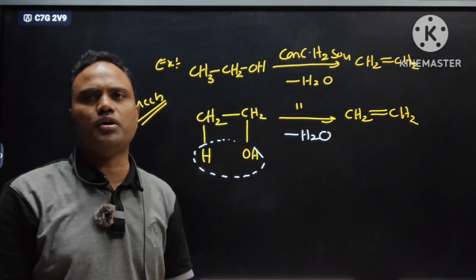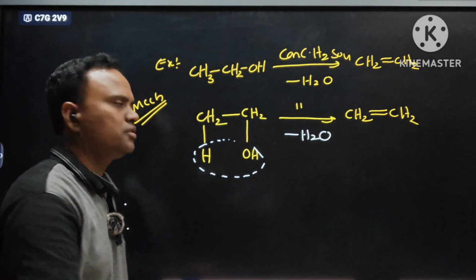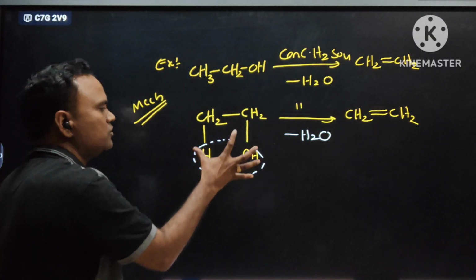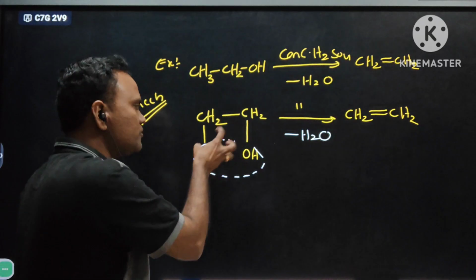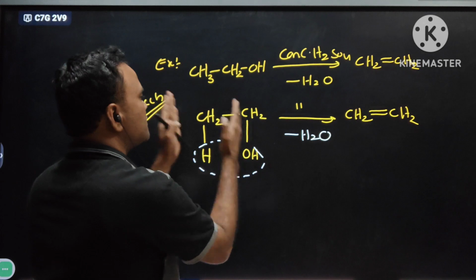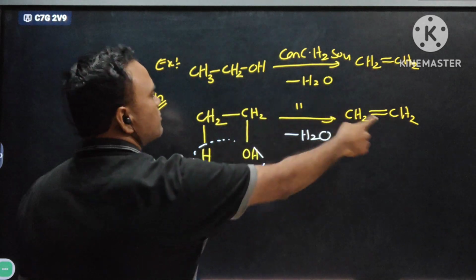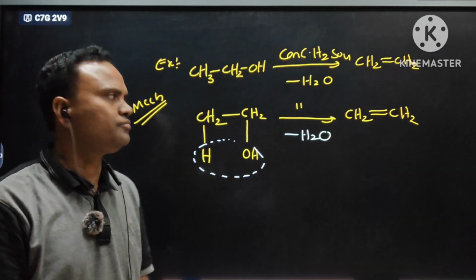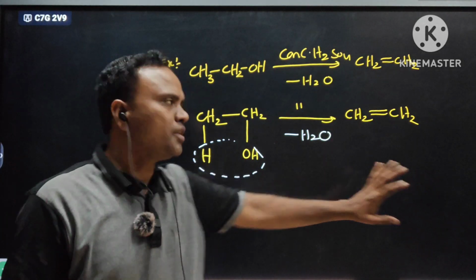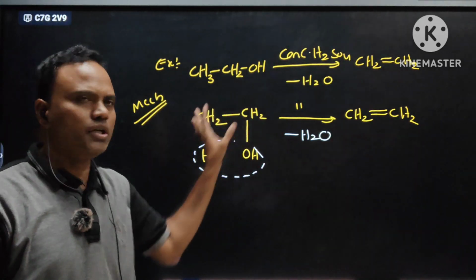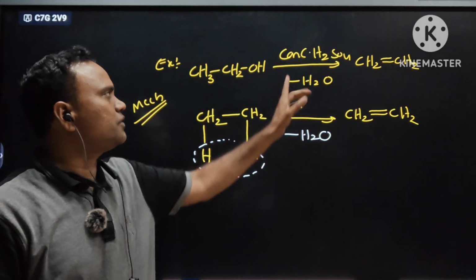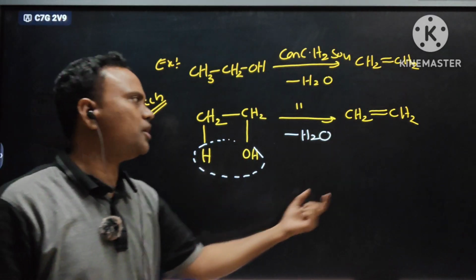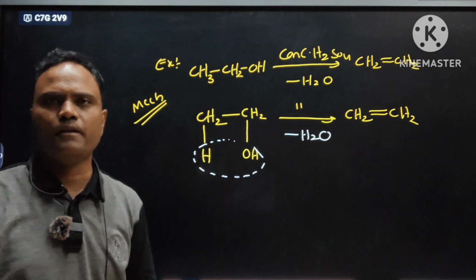So alkene is the product. When you remove two atoms or groups from the adjacent carbons, put an extra bond in the middle. Don't forget this shortcut mechanism. This is ethyl alcohol. When it is treated with sulfuric acid, it loses a water molecule to produce alkene.